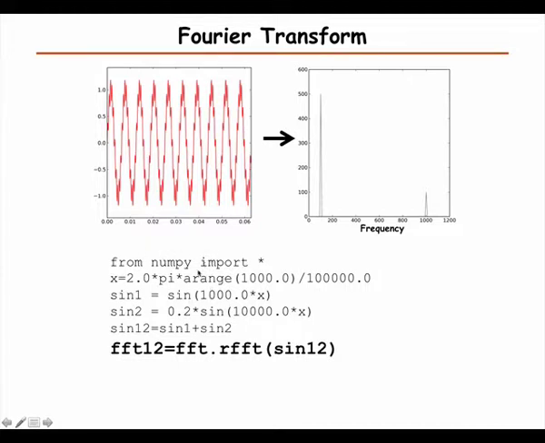Here we generate a vector to define the x-axis, and then we calculate the sine wave. One has amplitude 1 and frequency 100, and the second one has amplitude 0.2 but 10 times higher frequency. That's what we see here: the peak at frequency 100 is 5 times higher than the one at frequency 1000.